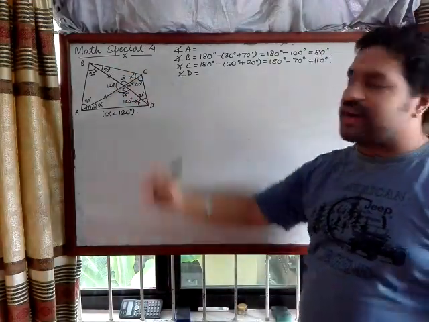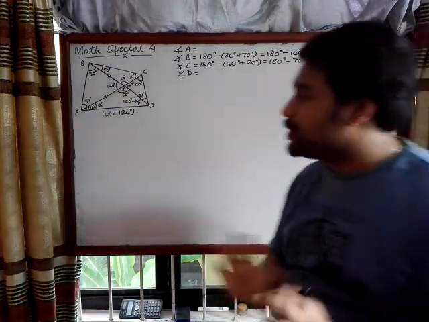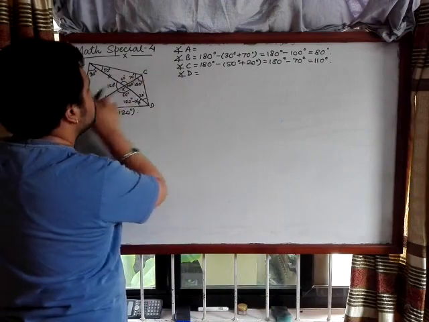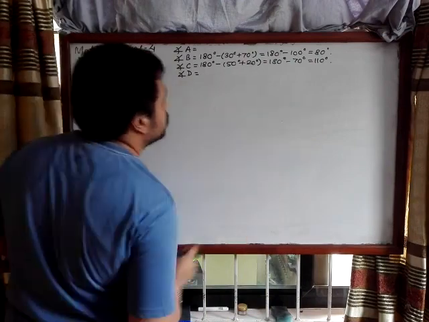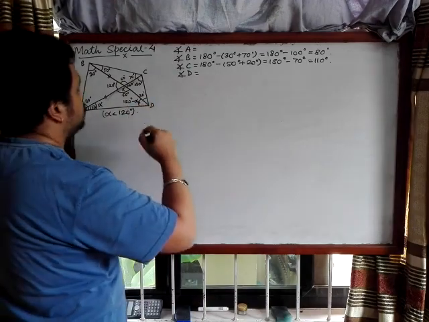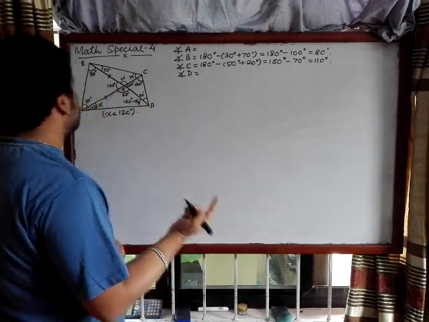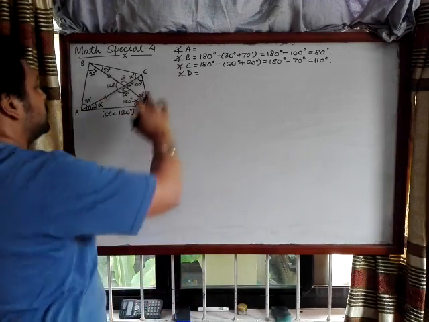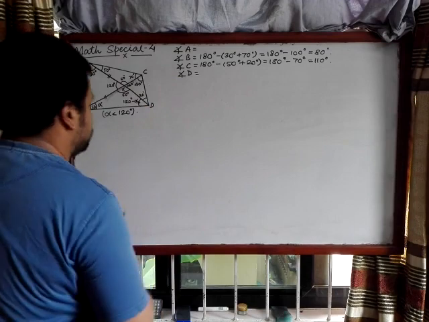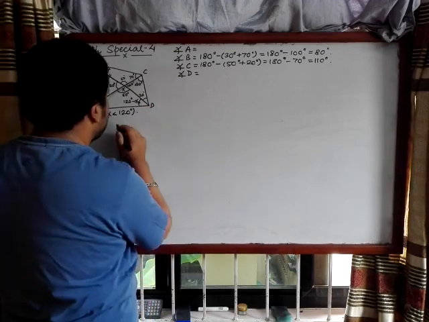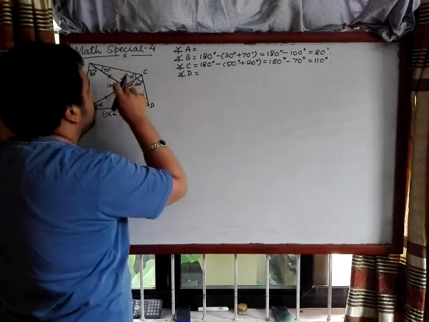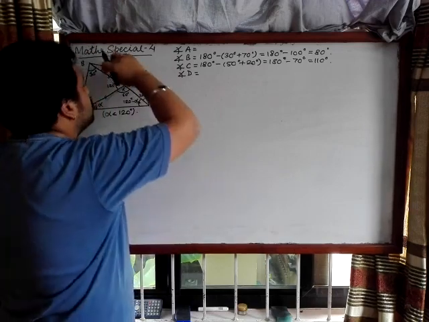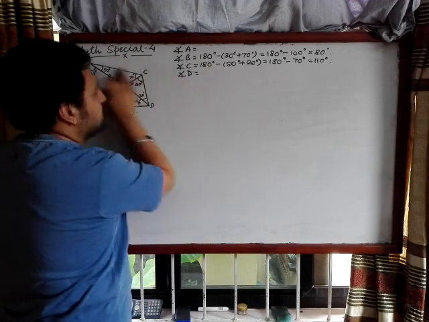I'm not going to do it, but if you want, you can try taking intersecting triangles, and you'll get the same result, but it'll be a bit lengthier and kind of gibberish because the figure is not so tidy. I'm going to use non-intersecting and non-overlapping triangles to solve this problem.